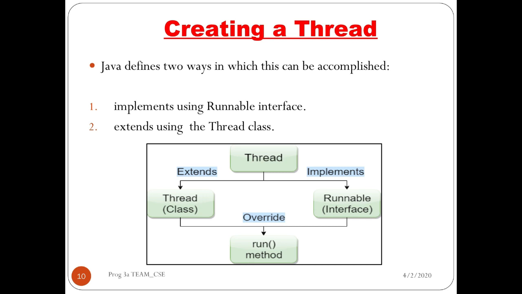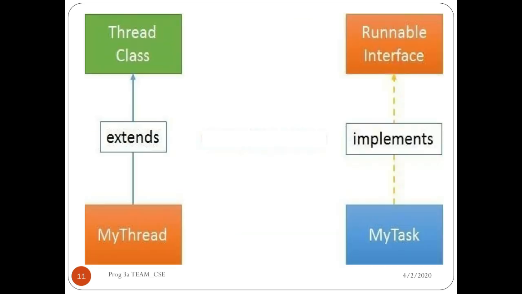So creating a thread by extending the Thread class is one method; implementing the Runnable interface is the second type. In both methods, run is the method we use, which indicates the task that is going to be assigned to the thread after the thread is created. Next slide, please.